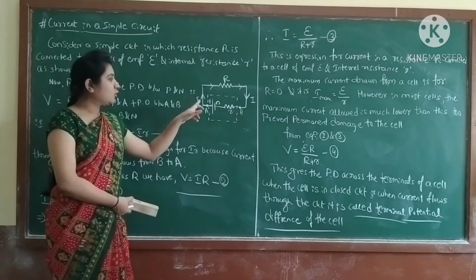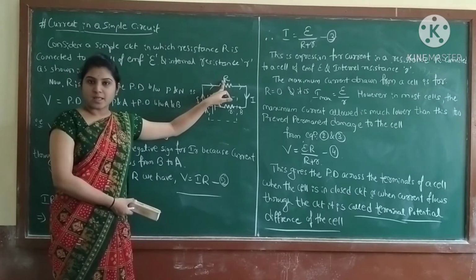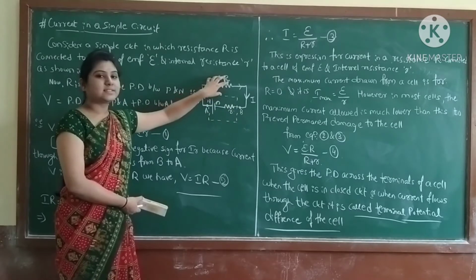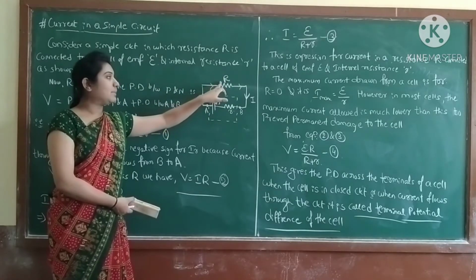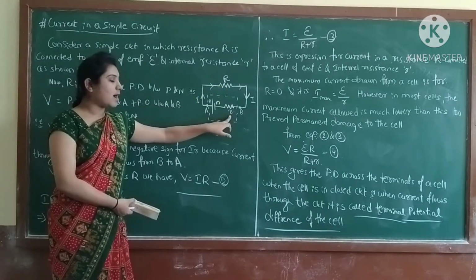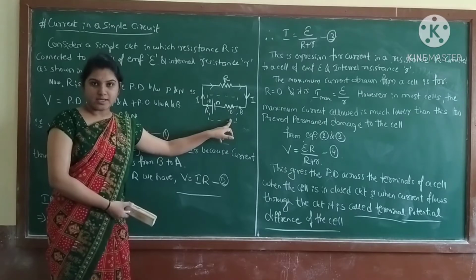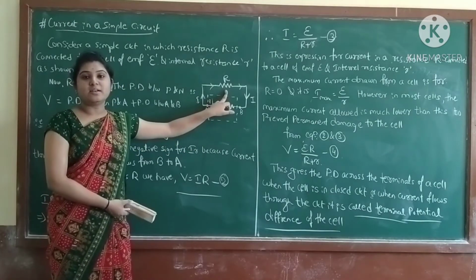That I will take as a capital R. It is the external resistor. This is small r, nothing but the internal resistor. Correct? And this is the capital R, that is nothing but the external resistor.